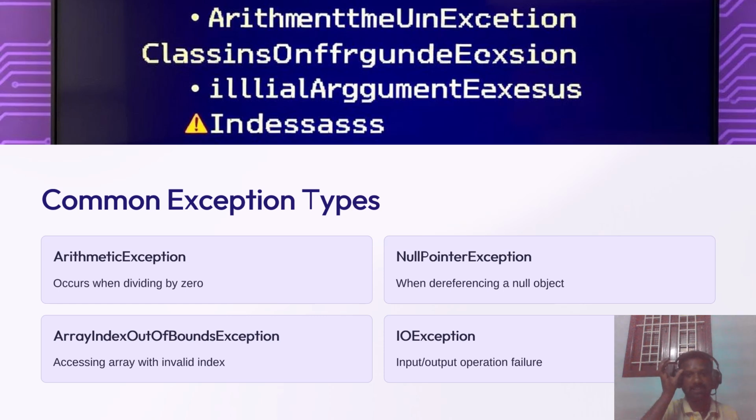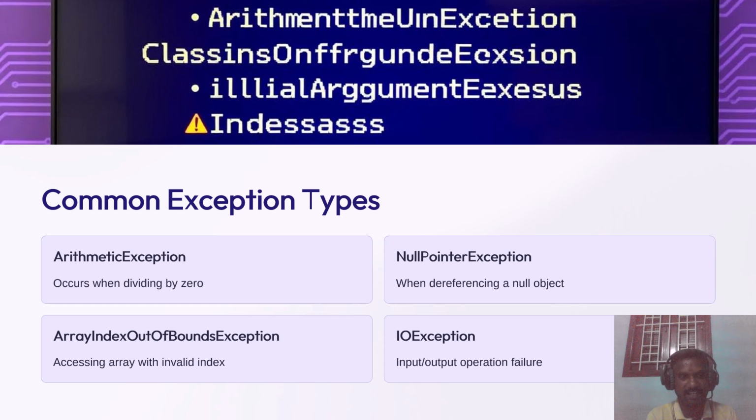In this slide, we are going to see some of the common exception types. These are all the inbuilt exception types. Exceptions can be classified into two types. One is built-in exception. Another one is user-defined exception. So this is the built-in exception.